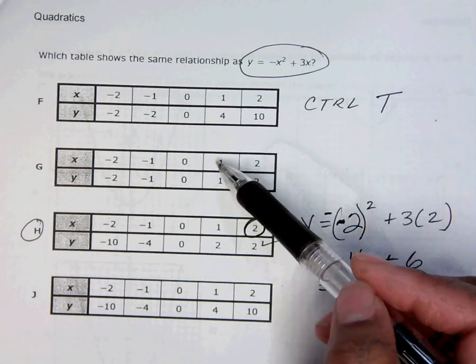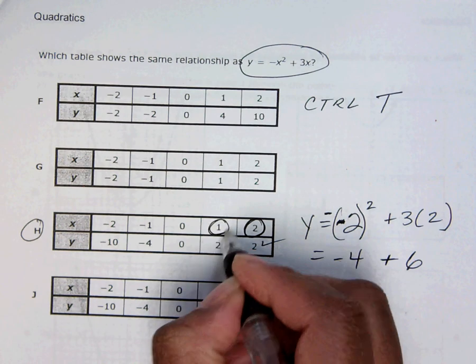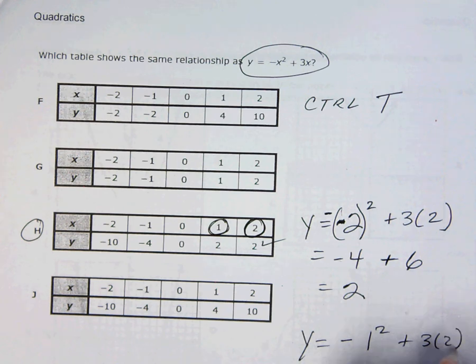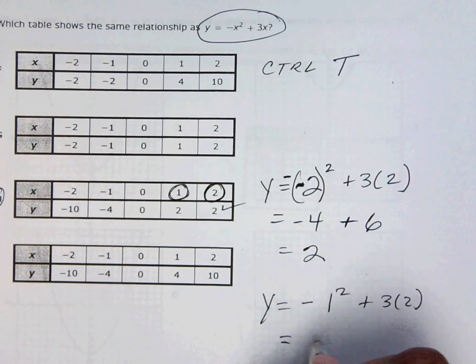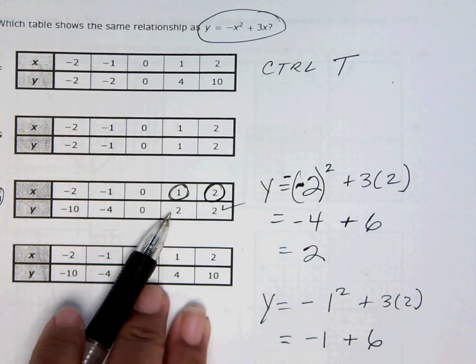So let's see, this one says 1, that one says 1, 2. So let me plug in 1 and see if I get 2. So Y equals negative 1 squared plus 3 times 2. And that is negative 1 plus 6, which gives me 5. And it says it's supposed to give me 2. Uh-oh.